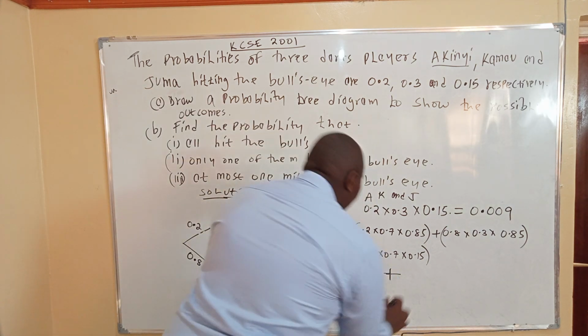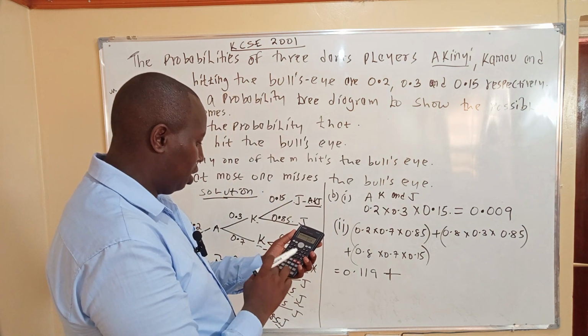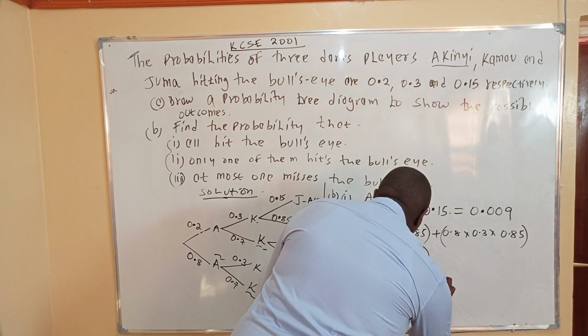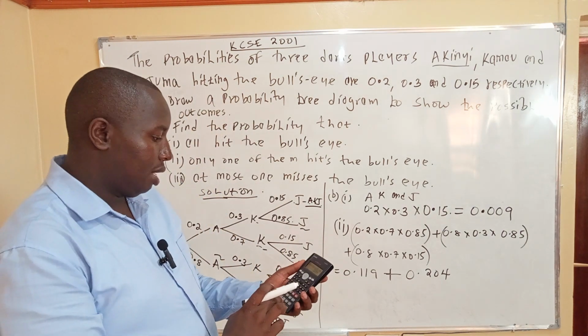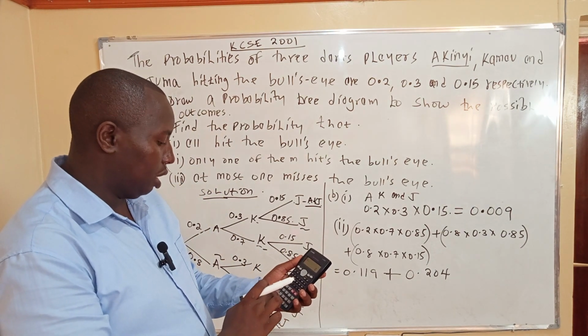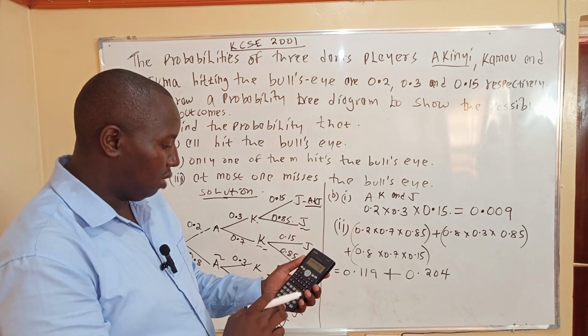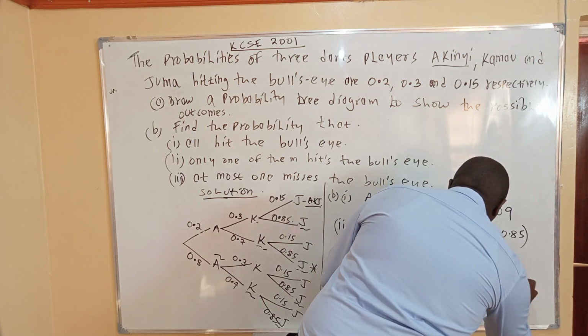Plus 0.8 times 0.3 times 0.85, you get 0.204. And the last one there is 0.8 times 0.7 times 0.15, we get plus 0.084.